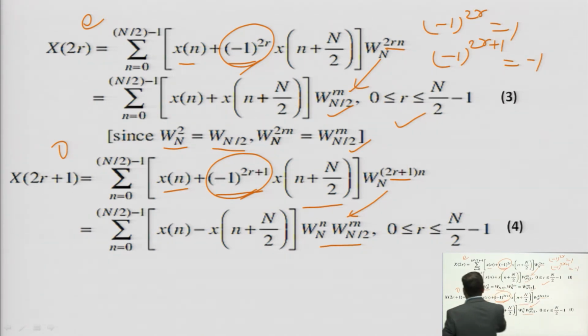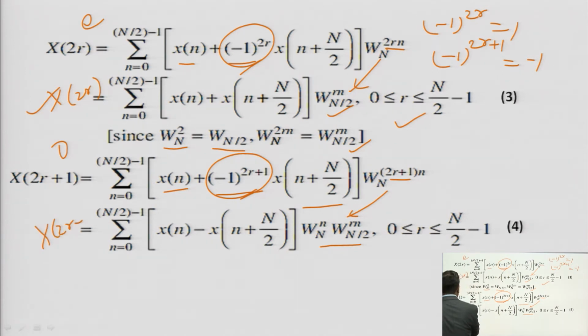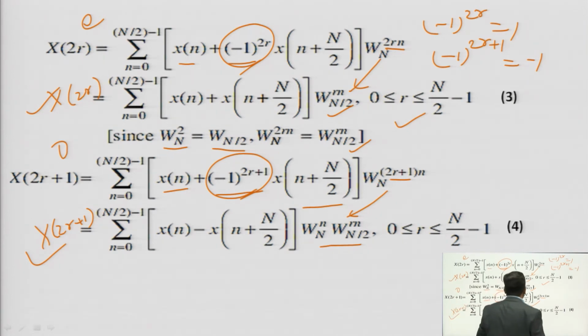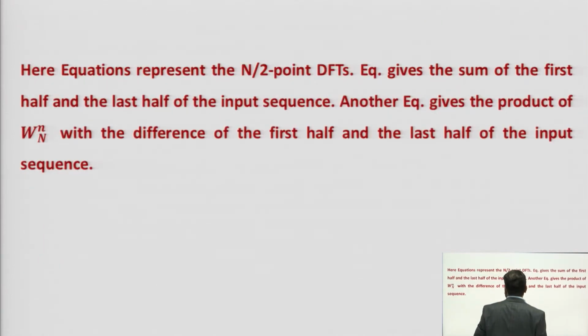So, for even X of 2r you will get this, equation number 3. Now, for X of 2r plus 1, that is equation number 4 you are getting here. Now, your equations 3 and 4 represent the N by 2 point DFTs. One equation gives the sum of the first half and last half of the input sequences.